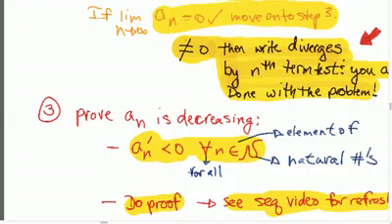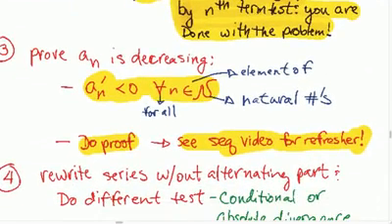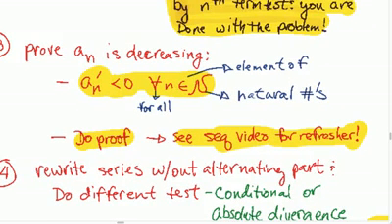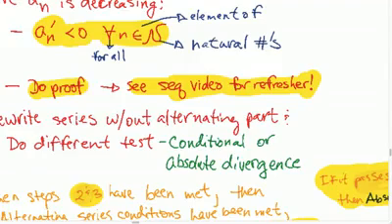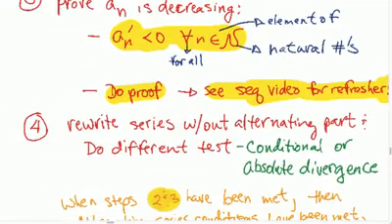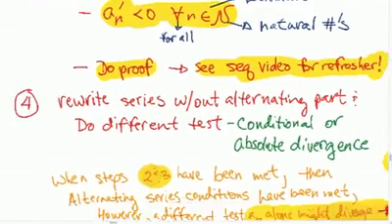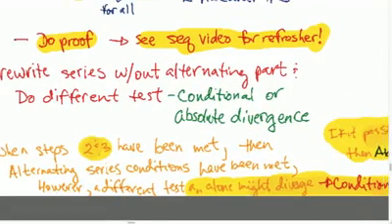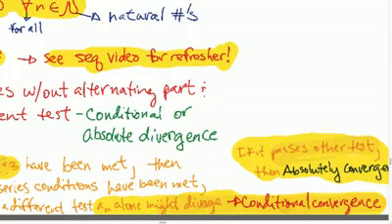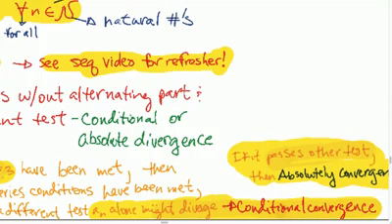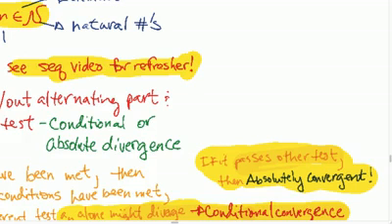Okay, those are the two ways to prove that it's decreasing, either the derivative or the proof. You can watch a sequence video if you need a refresher. But even though you pass the two conditions for alternating series tests, sometimes you do a different test besides alternating series for the portion of the sequence that's not alternating, and it'll fail that test.